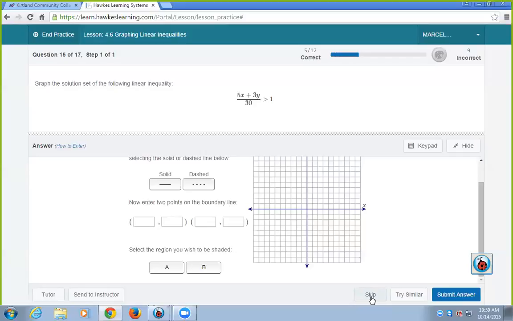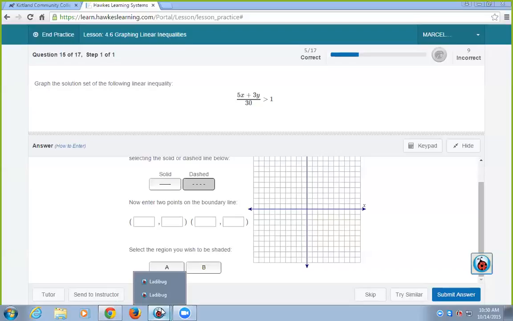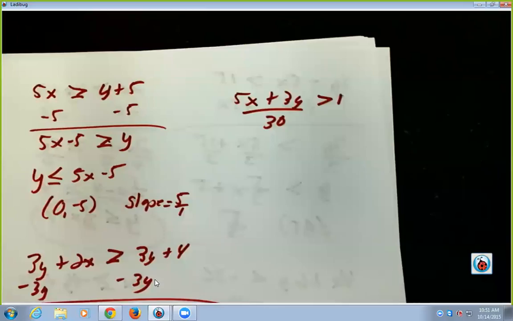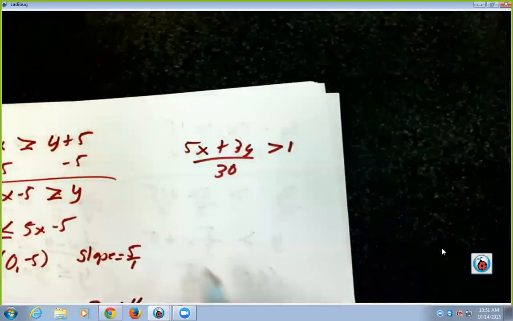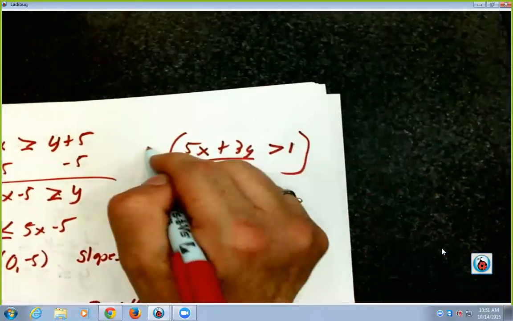Line solid or dashed? Dashed. No equals. That's, again, the easiest piece to pick out. So then let's do this one over here on paper, just because it's a little bit different than some of the others. And so I'd have to multiply every side by 30.